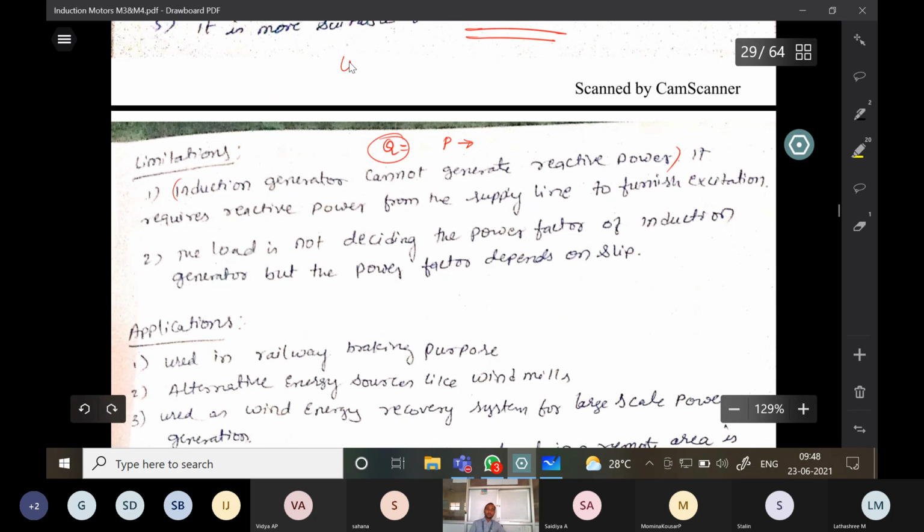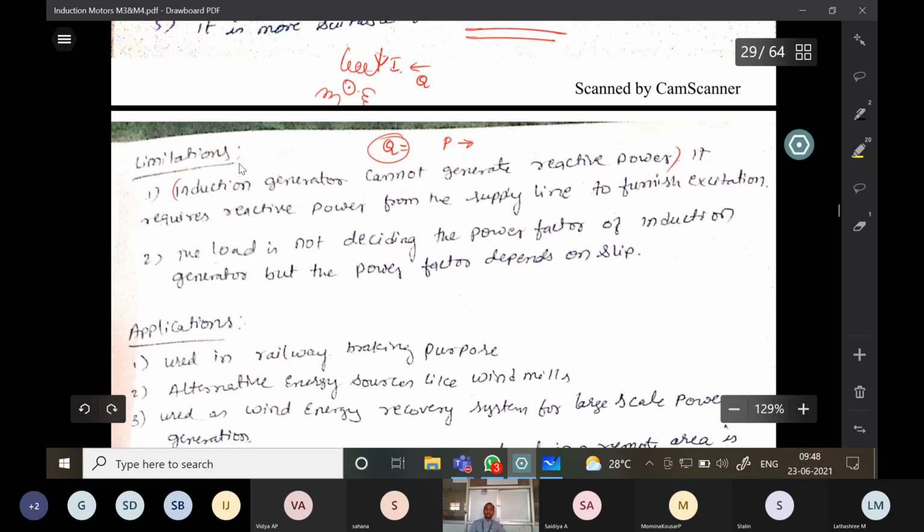So we need to use some external excitation for the poles. For electromagnetization of the poles, we require some reactive power for the excitation purpose.